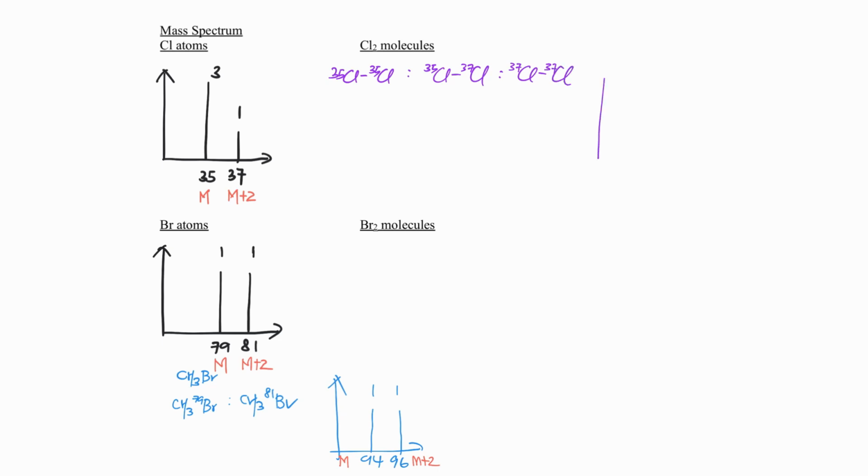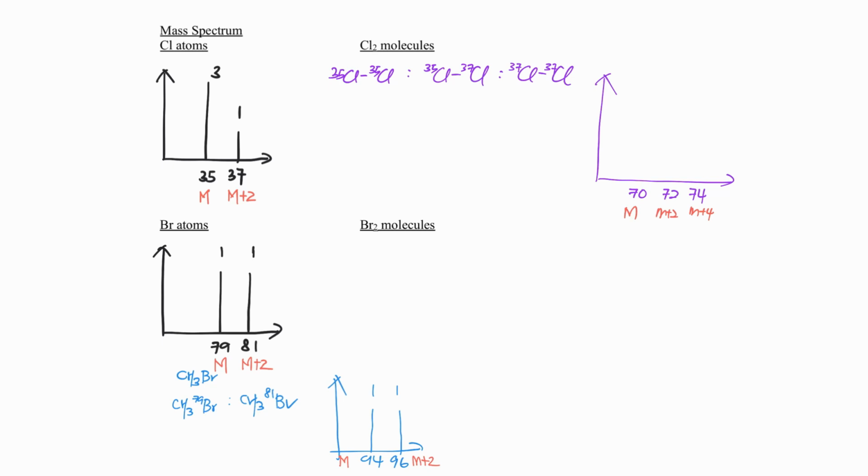So we could see 3 peaks for the molecular ion of Cl2, at 70, 72, and 74, with the pattern of M, M+2, and M+4.